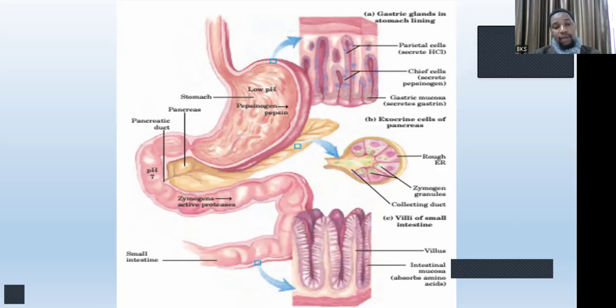These fragments will also move down to the upper part of the small intestine, the intestinal mucosa, where absorption takes place. In that region, there are also more enzymes, like carboxypeptidases and aminopeptidases. We all know what they do: aminopeptidases work from the amino terminal and carboxypeptidases from the carboxyl terminal, and they keep on cleaving off amino acids from the terminal end.